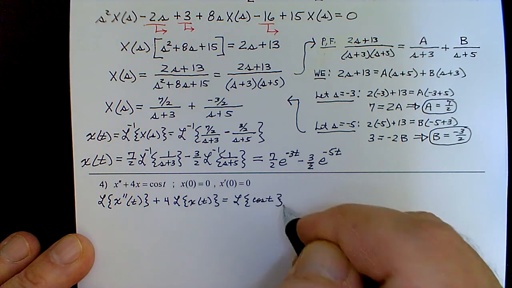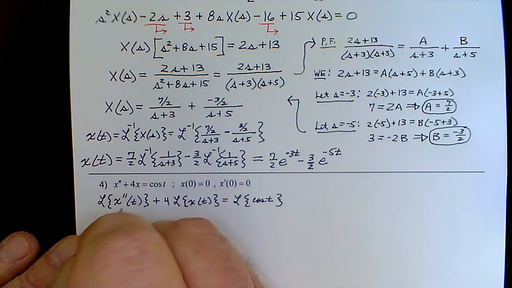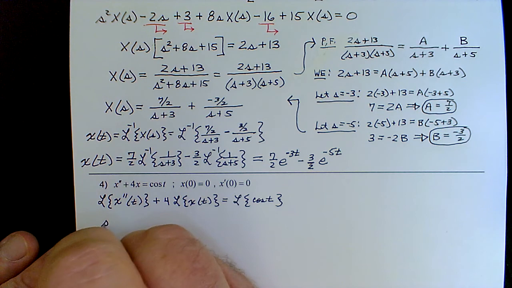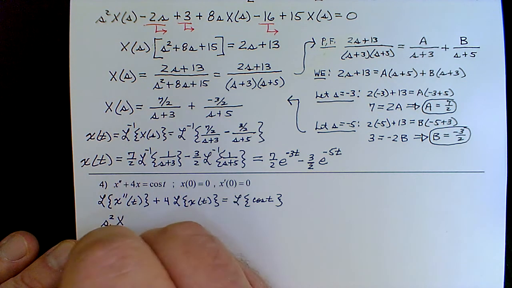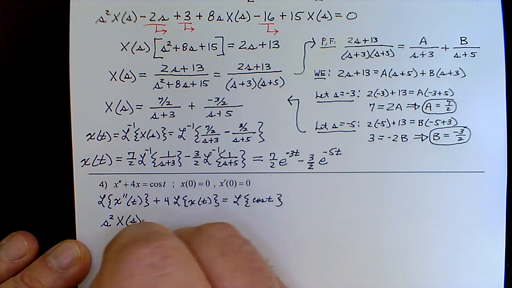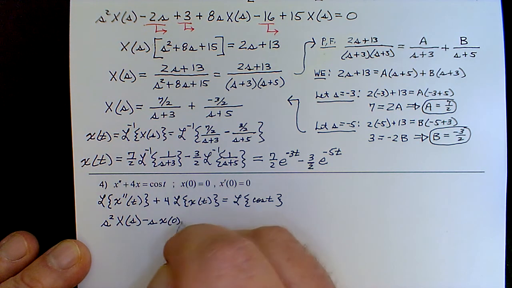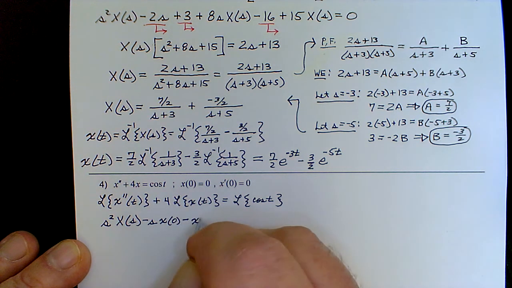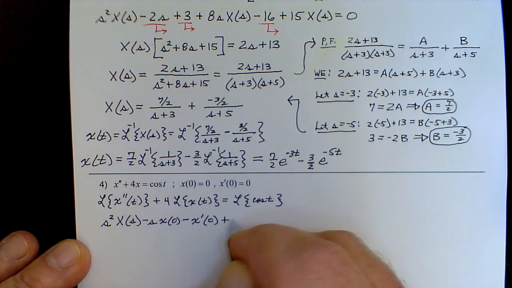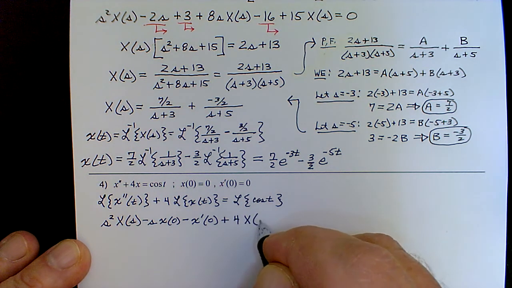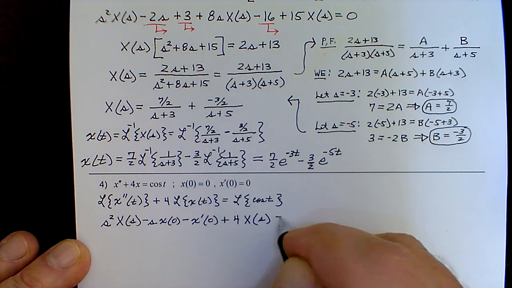So we got a non-homogeneous here. Okay, so x double prime of t, its Laplace is s squared uppercase X of s minus s lowercase x of 0 minus lowercase x prime of 0. And then we have plus 4 times Laplace of x of t is uppercase X of s.